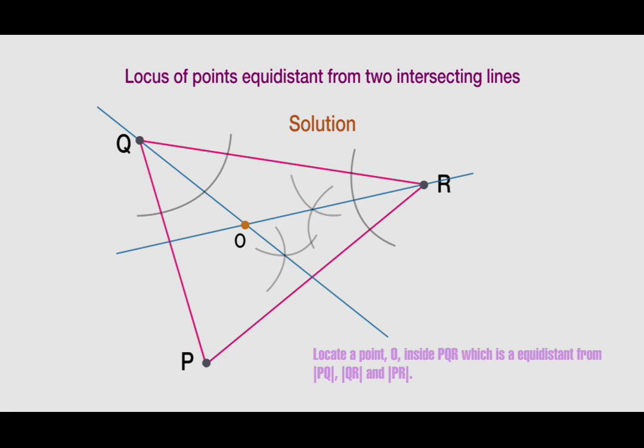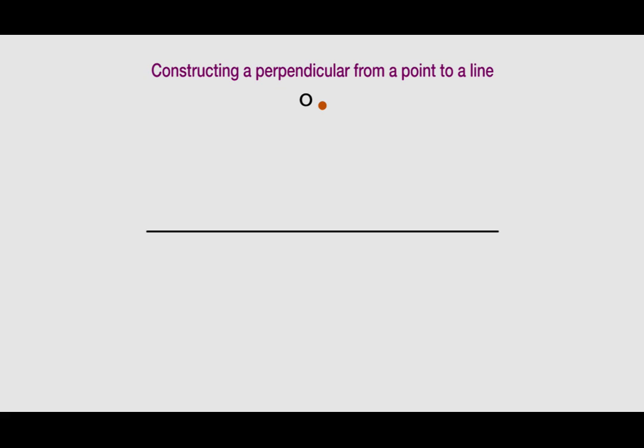Good. Now let's see how we can construct a perpendicular from an external point onto a line. Let's take the steps. Step 1. Open the compass to a distance more than the perpendicular distance from the point O to the line. 2.